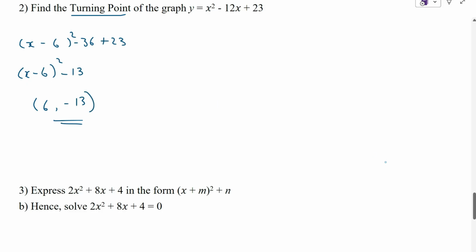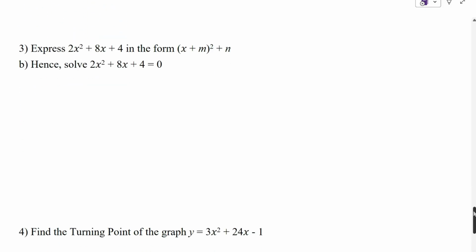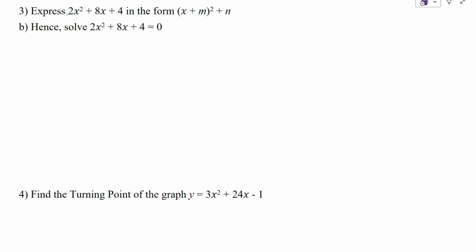Question 3, we can see that this is an equation where a does not equal 1. So we're going to take out 2 as a common factor, just so we can have x squared on its own. Now we can complete the square for this equation inside the bracket.